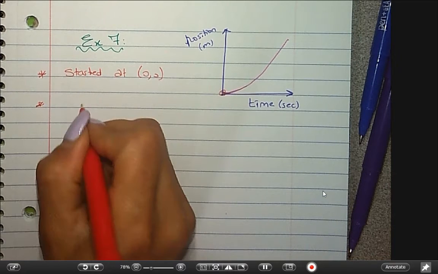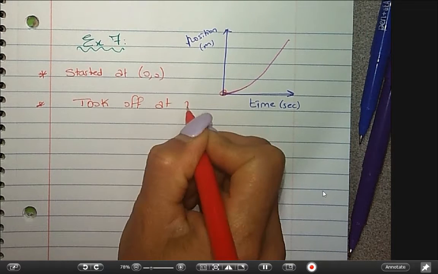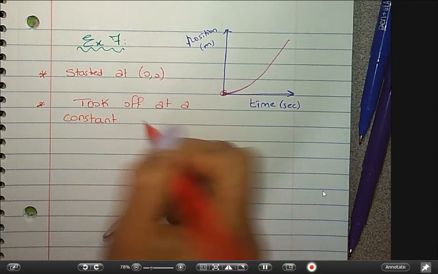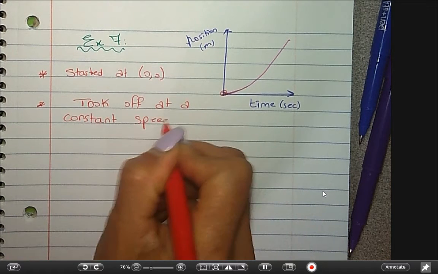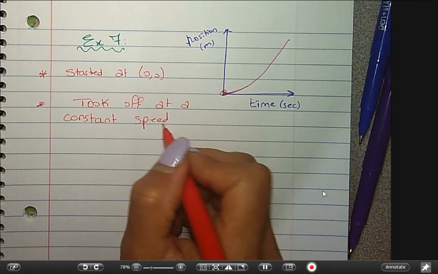We can say it took off at a constant speed. So that motion started with a constant speed or a constant velocity.